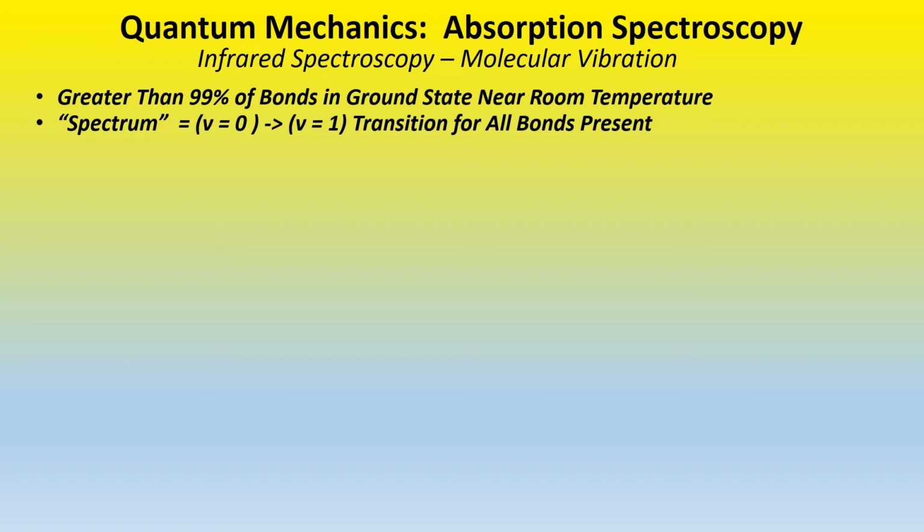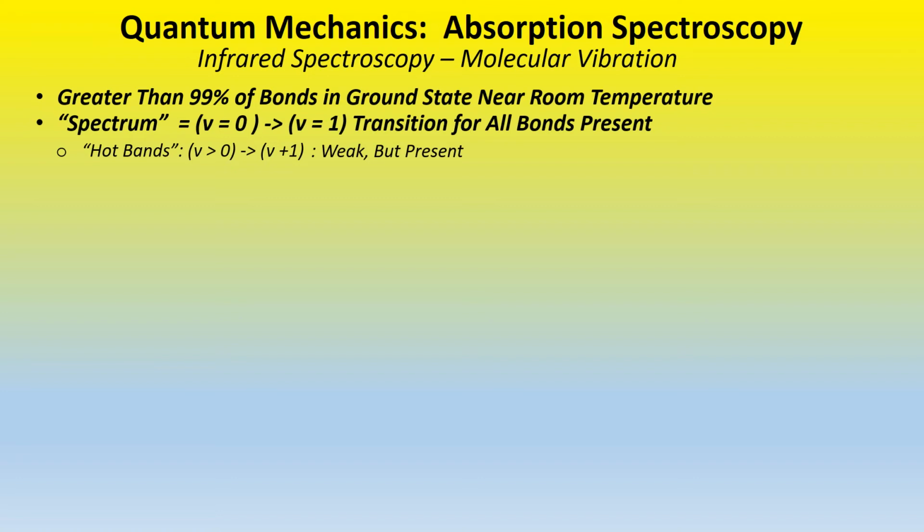You can occasionally get some exceptions. Things that are known as hot bands, where you start at a higher state, V greater than 0, and go to V plus 1. These are very weak, but still present, and essentially show up at a higher frequency.